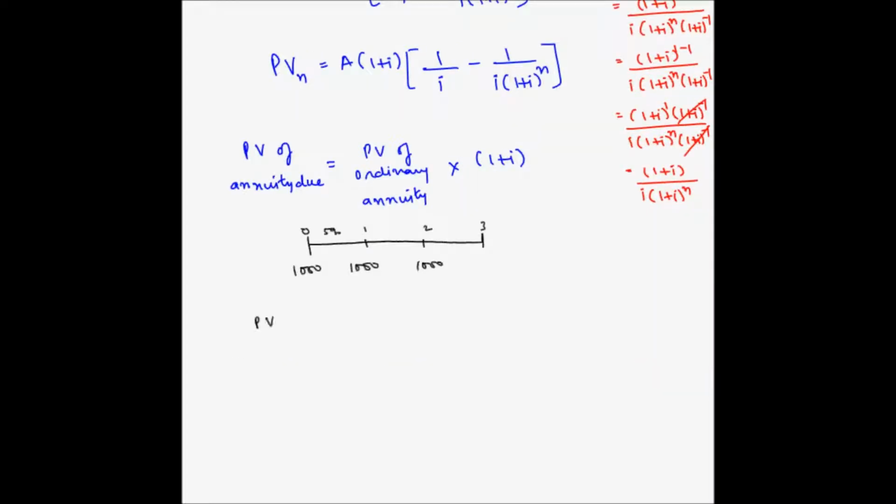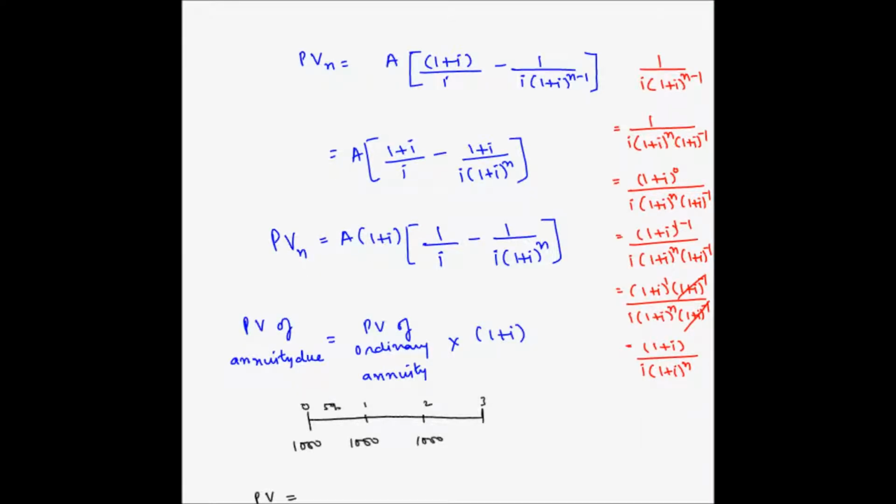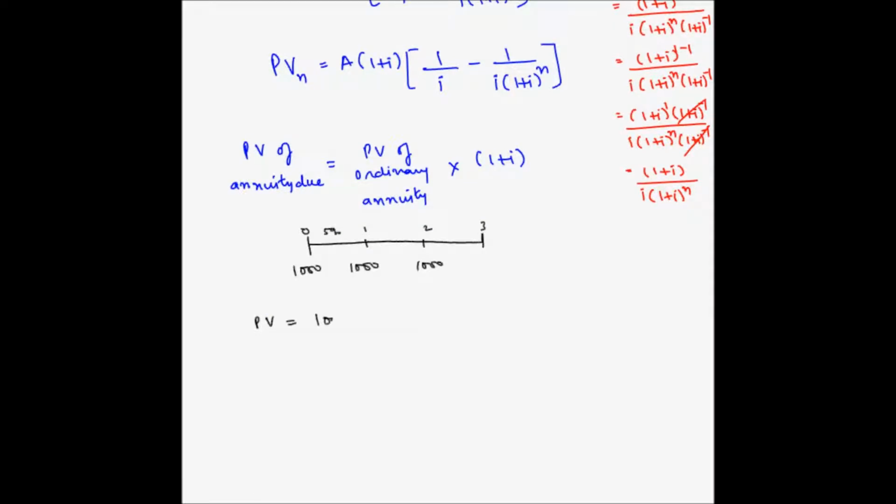So the present value will be equal to A, which is the annuity amount, which is 1000, into 1 plus I. I is the rate of interest divided by 100, so 5 divided by 100, which is 0.05, into bracket 1 divided by I, which is 0.05, minus 1 divided by I, which is 0.05, into 1 plus 0.05 to the power n, which is 3, because this is a 3-year annuity. This is 1000 into 1.05.